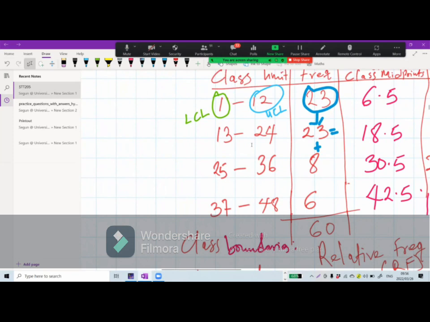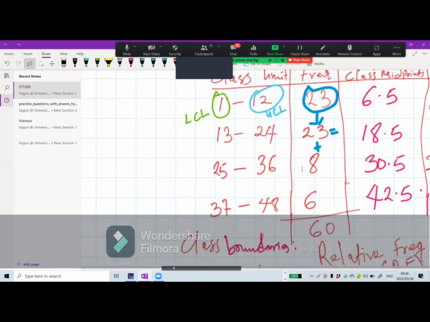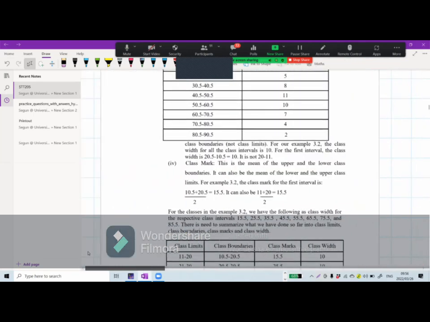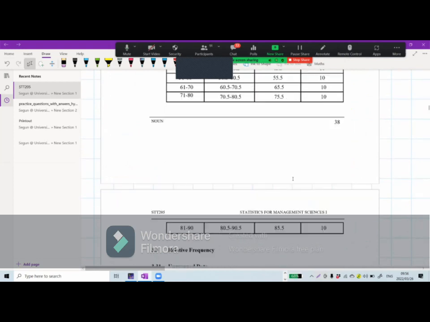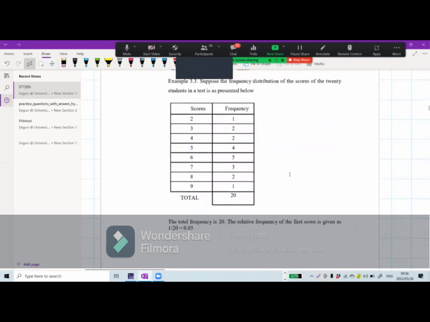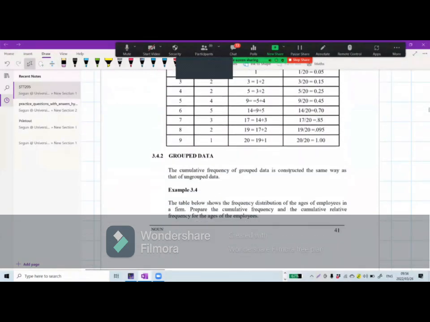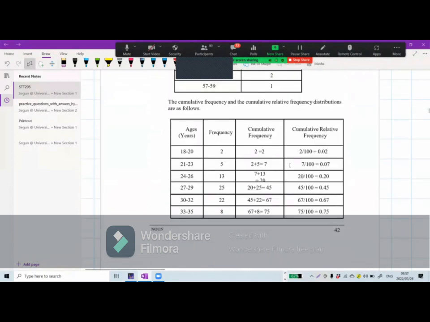Like for example, there's a place they put it at 2,000 to 7,000, 7,000 to 12,000, 12,000 to 17,000. So all those ones are overlapped. So how do we solve such a situation?